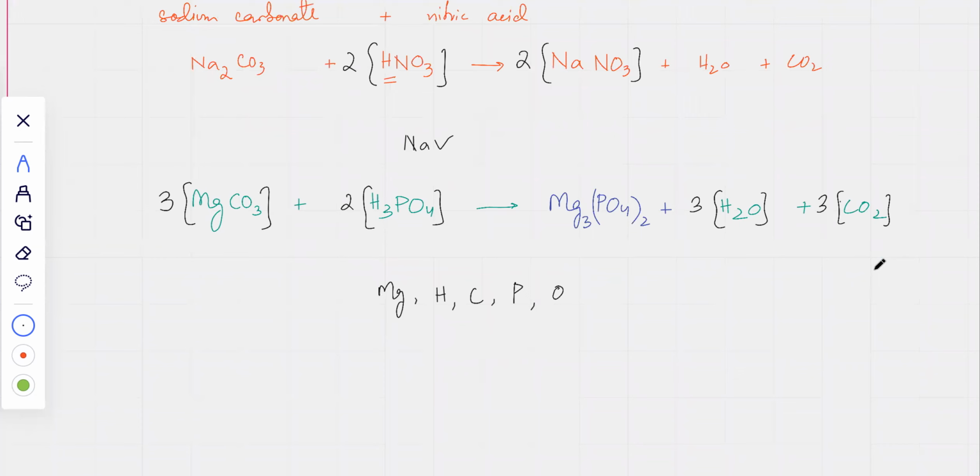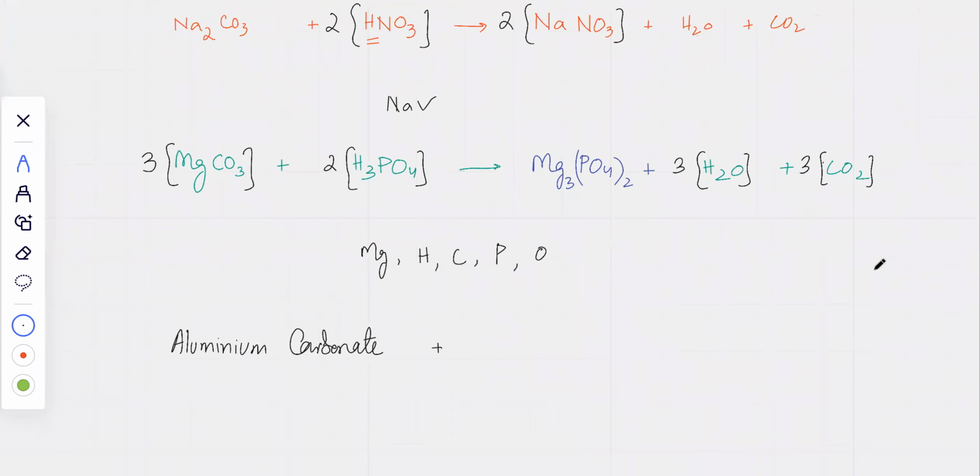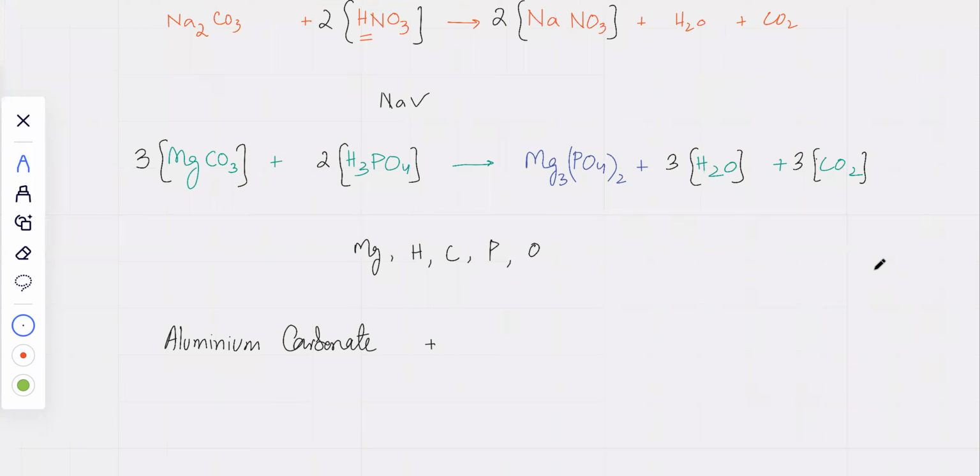So try and do the same thing and try and balance this. Make these equations: aluminium carbonate. You can start making them, even if they're wrong, keep sending me these equations. Aluminium carbonate with hydrochloric acid.